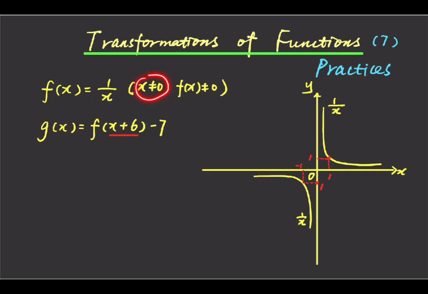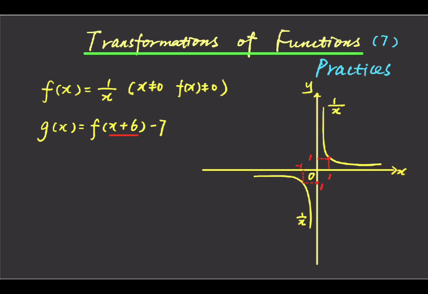X cannot be equal to 0, meaning the y-axis, and y equals 0, meaning the x-axis, should be the asymptotes of this function. That is to say, the branches should approach the y-axis and x-axis more and more closely, but never touch.